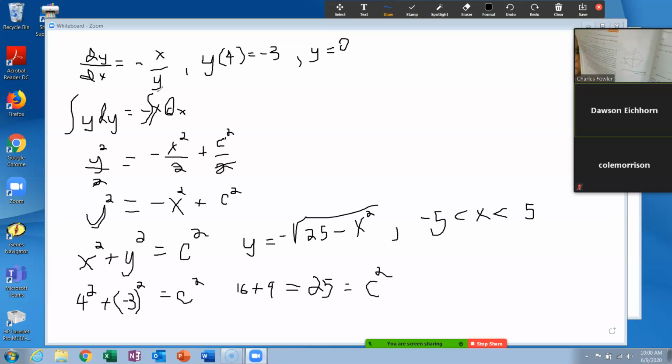And the semicircle that contains the point 4, -3, over there in the fourth quadrant, that's the one that would identify as the semicircle of radius 5, the lower half, with open circles at the x-axis because y cannot equal 0. So graphically, you see y can't be 0 as well. Any questions on that?